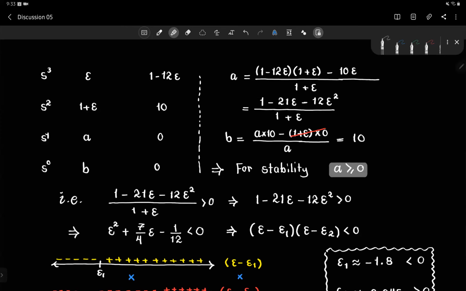So typically critical values, how to put this? If A is equal to 0, you'll get a 0 here, right?